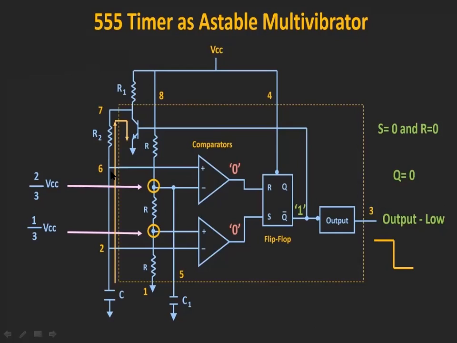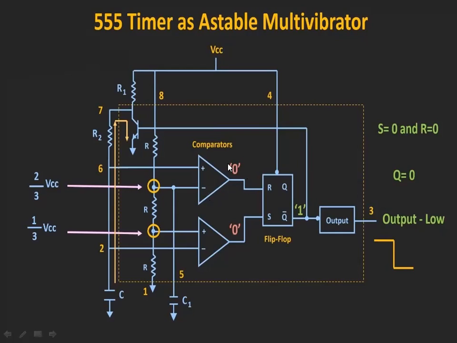So now what happens? The capacitor is going to lose its charge. When the capacitor loses its charge, the voltage at the 2nd pin and 6th pin is going to change. Whenever the voltage at the 6th pin is less than the inverting terminal, that is whenever the non-inverting terminal is less than the inverting terminal, the output becomes 0.